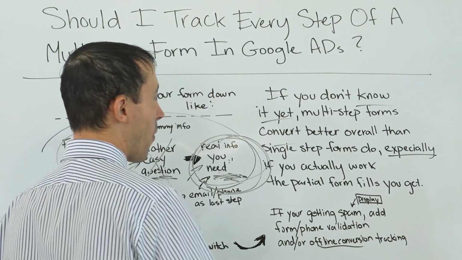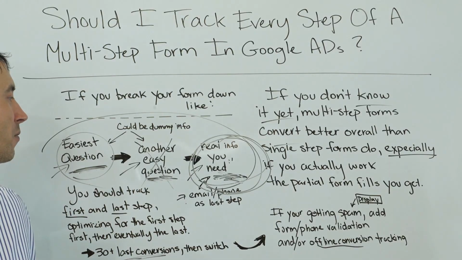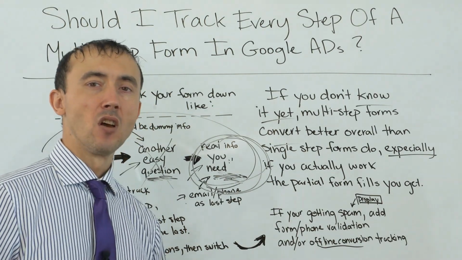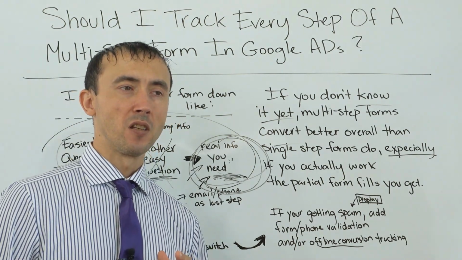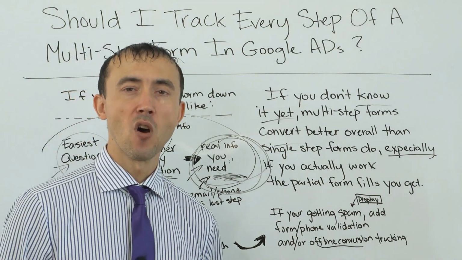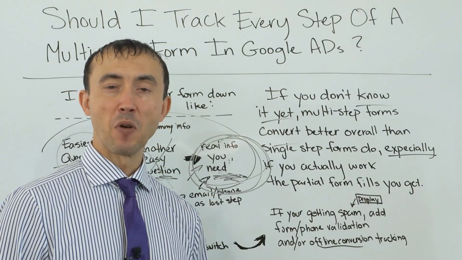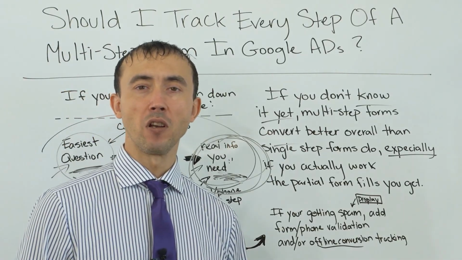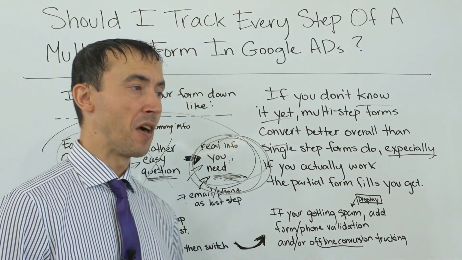Now, as we're talking about multi-step forms, I also just wanted to mention, as a side piece of advice, the main thing that people have problems with when it comes to forms is form spam. It's so easy to program a bot to fill out a form on your site that people have a lot of problems with it. The reason they do this is mostly click fraud, or it's competitors filling out your form, one or the other.